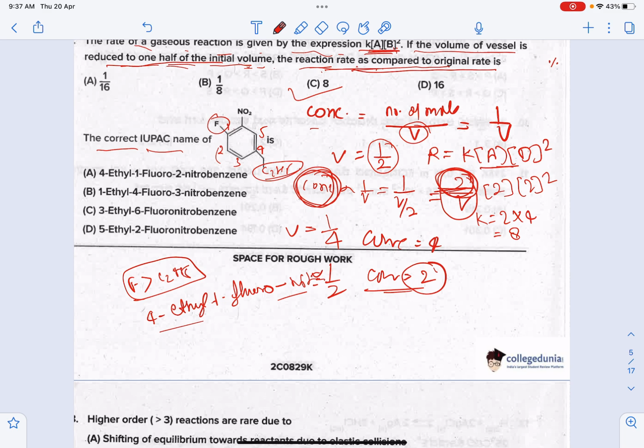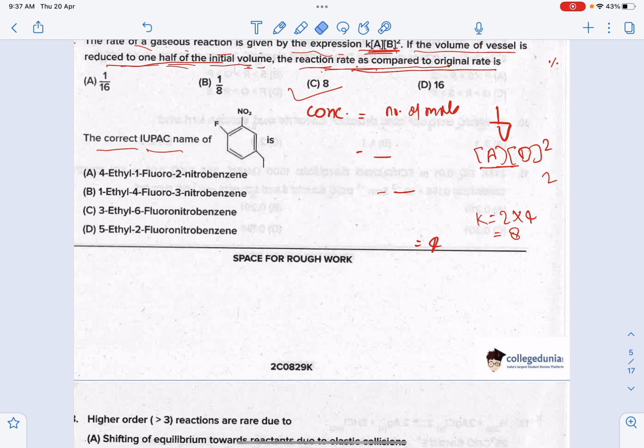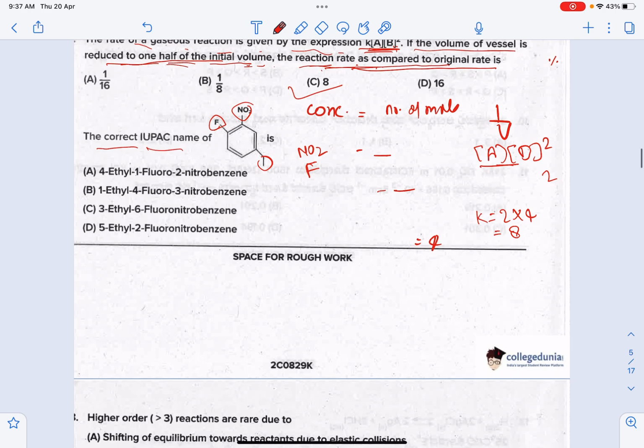Okay, sorry, there is a mistake. Just make it clear first. Here are the groups: nitro group, fluoro group, and the ethyl group, C2H5 group.